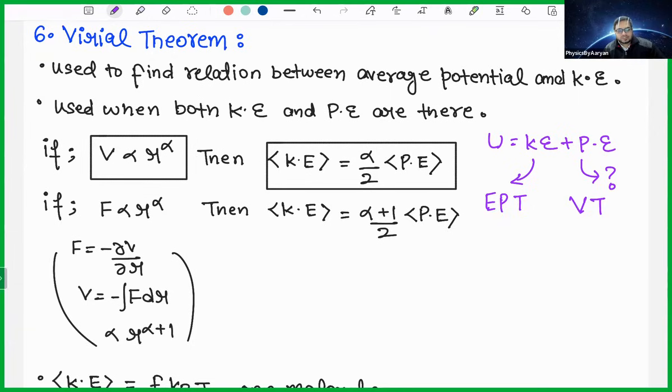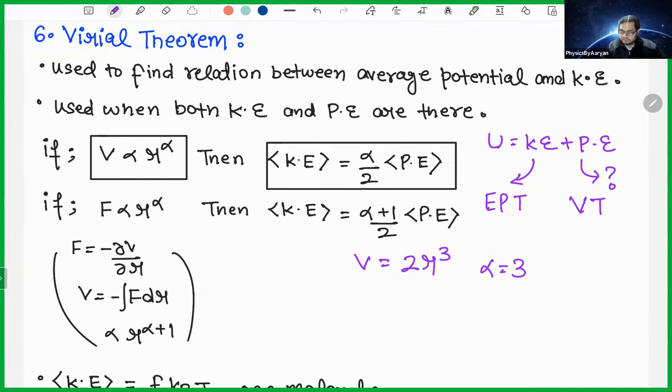So what does virial theorem say? Virial theorem says if your potential is dependent upon r to power alpha, for example if potential is given by 2r cubed, then alpha is 3. It means my potential is dependent upon r cubed, r to power alpha.